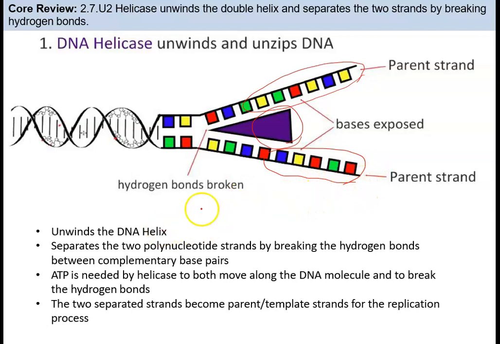So the DNA helicase starts to unwind the two strands, and then by the usage of ATP and the presence of the polynucleotides and also the polymerases, the replication happens.